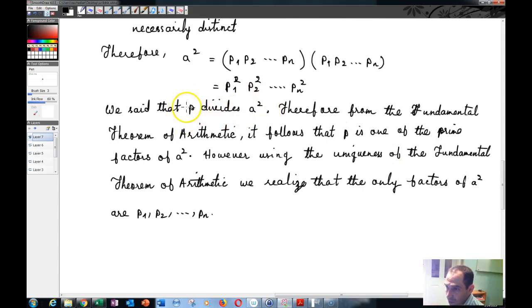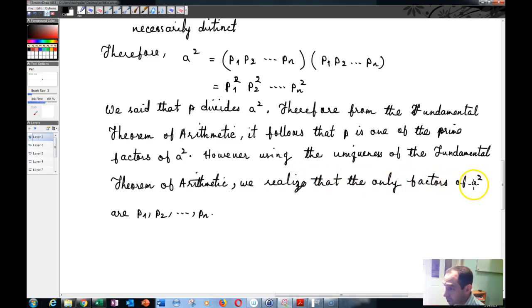So that means that p has to be one of the factors of a squared. Therefore, from the fundamental theorem of arithmetic, it follows that p is one of the prime factors of a squared. Makes sense, right?